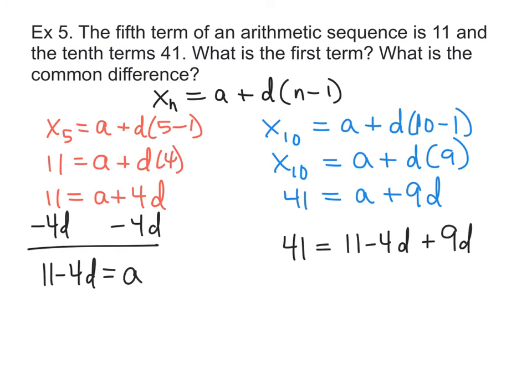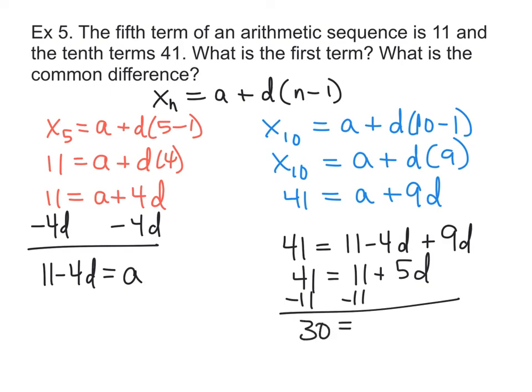So all that I did was substitute in a for this. Okay? So, back to finishing this problem. 41 is equal to 11 plus 5d. Subtract 11 from both sides. 30 is equal to 5d. Divide both sides by 5. And d is equal to 6. So there I have found the common difference.